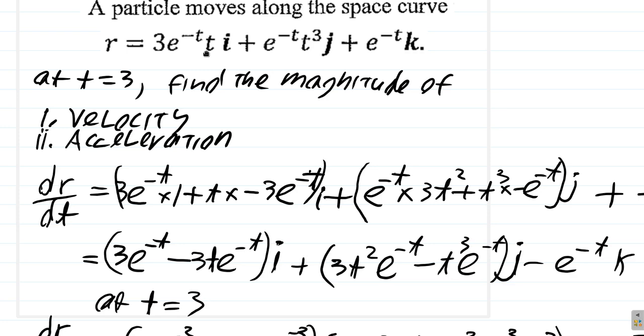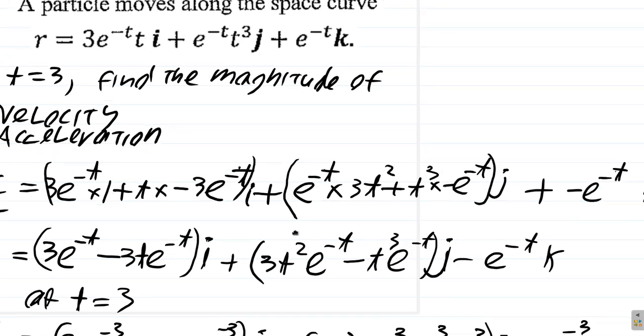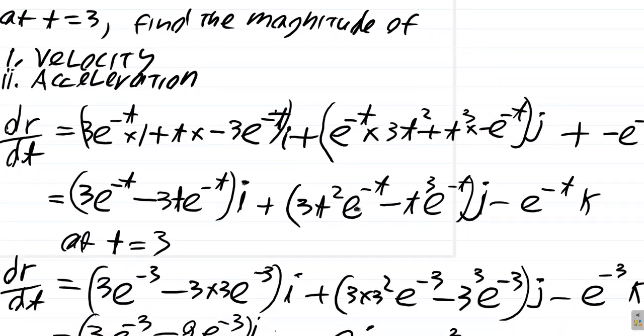And then out here is just negative e to the negative t, k. Then you simplify. In simplifying, you have 3e to the negative t minus 3t e to the negative t, i. Then you have 3t squared e to the negative t minus t cubed e to the negative t, j. Good. Minus e to the negative t, k.